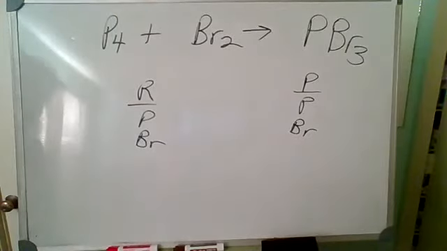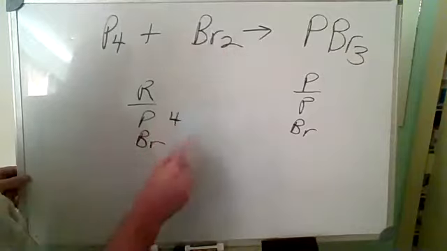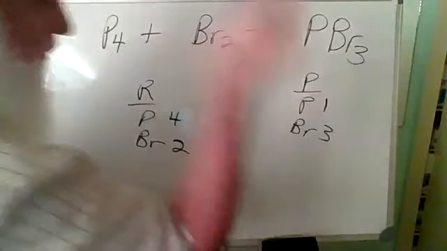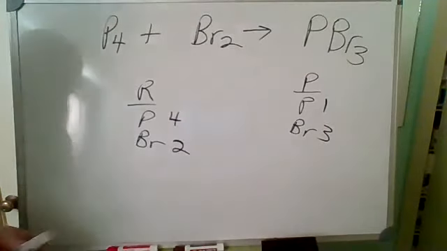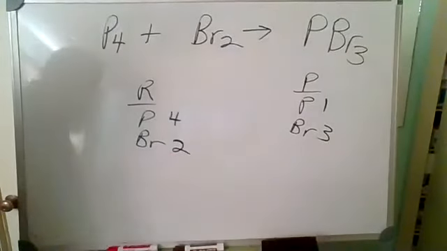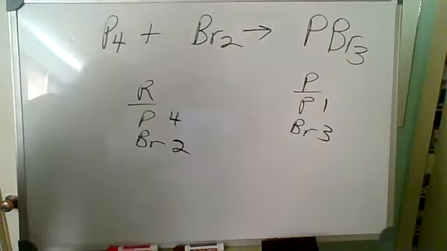Now, here I have 4 phosphorus and 2 bromines. Here I have 1 phosphorus and 3 bromines. Now, here we have a similar situation as in the last problem. I've got an even number of bromines here and an odd number there. So this is going to be very similar to the last one.